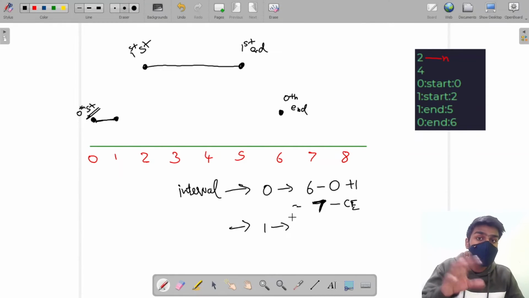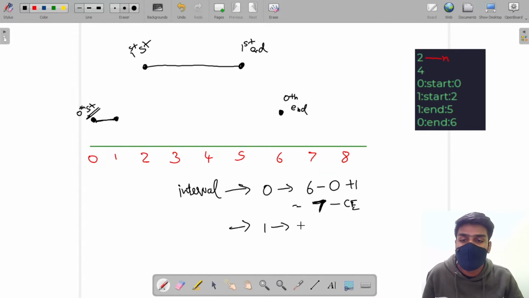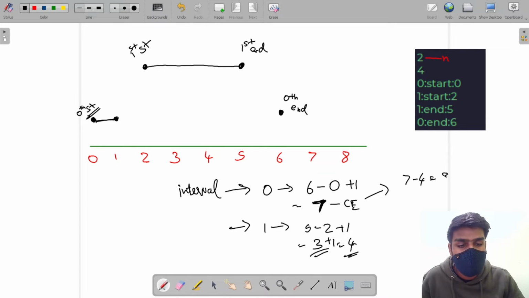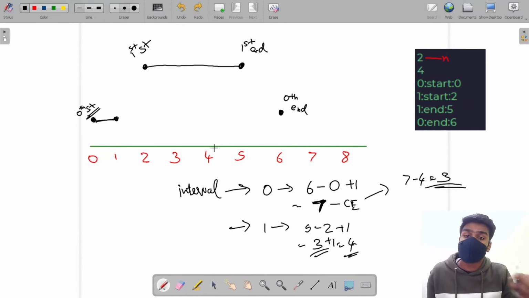For 1 there is no child execution, so ending point 5 minus starting point 2 is 3, plus 1 means 4. So 4 is our child execution. So for 0, 7 minus 4 means 3 is the final answer. So 3 is our final execution time for 0, and 4 is our final answer for 1.